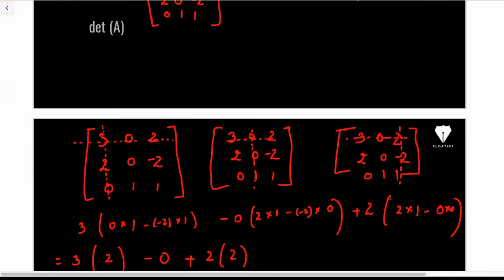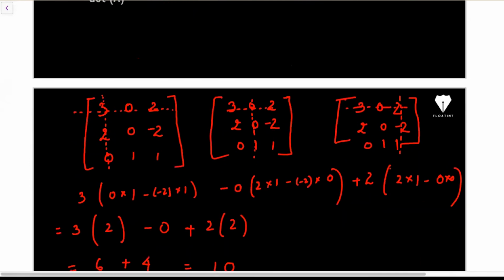So if you have to calculate the determinant of a matrix, what you do is, you first take this element, and this whole row and this column, you freeze these two lines. The numbers left here are 0, -2, 1, 1.